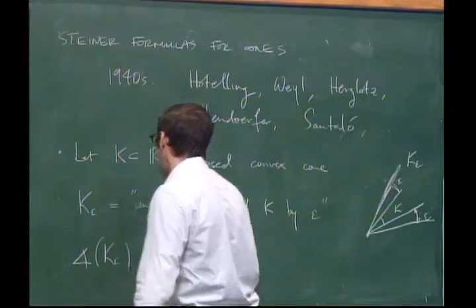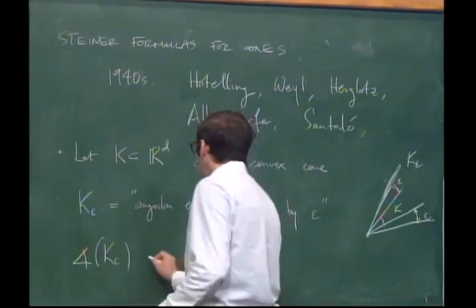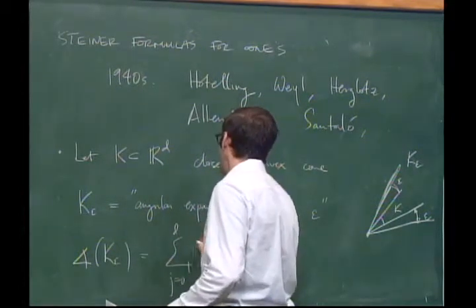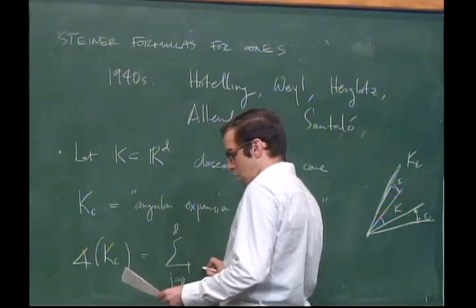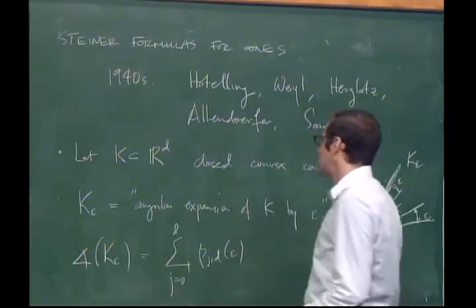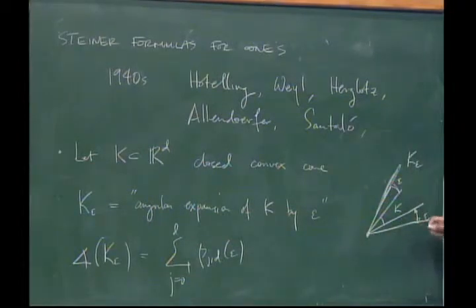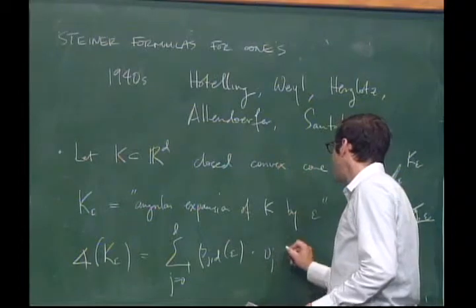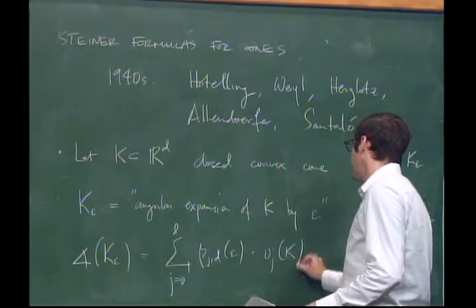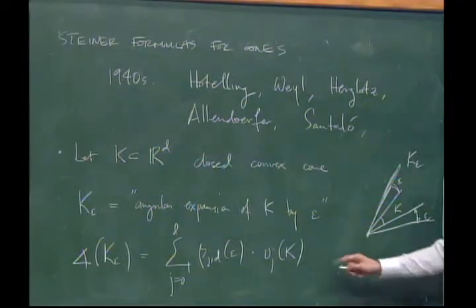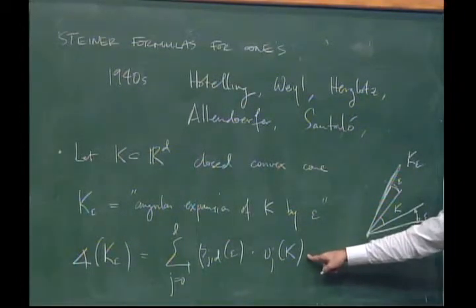So the solid angle of the expansion turns out to be the sum from j equals 0 to d of some coefficients I'm going to call beta_jd that depend on this quantity epsilon, which is how much we've expanded the cone, and our friends, the conic intrinsic volumes of the cone. So the cone enters into this formula only through the intrinsic volumes.